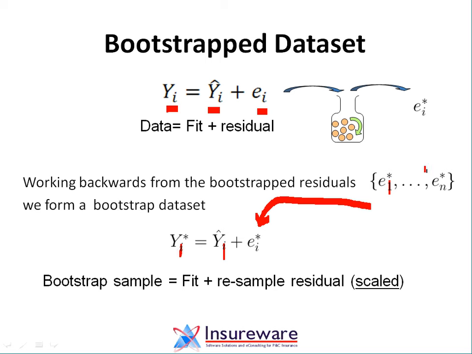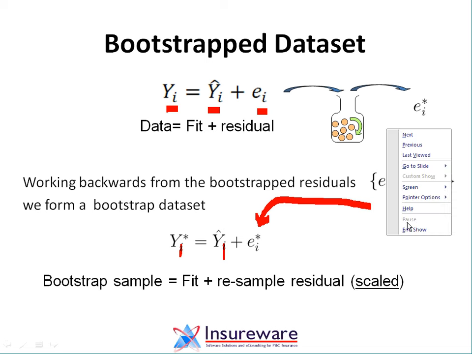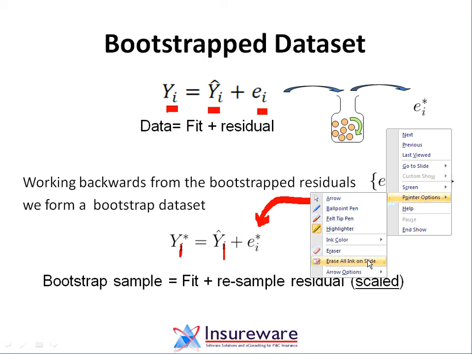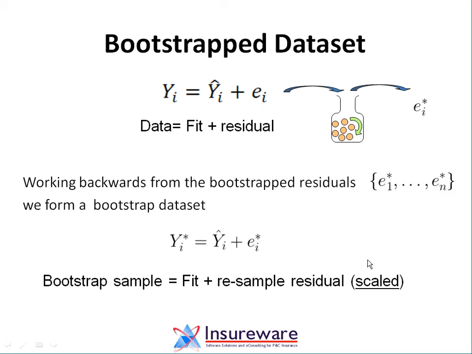Then you put that one back inside the flask, select the second one, E2 star, apply it to the second fitted value, and you get the second bootstrap datum.